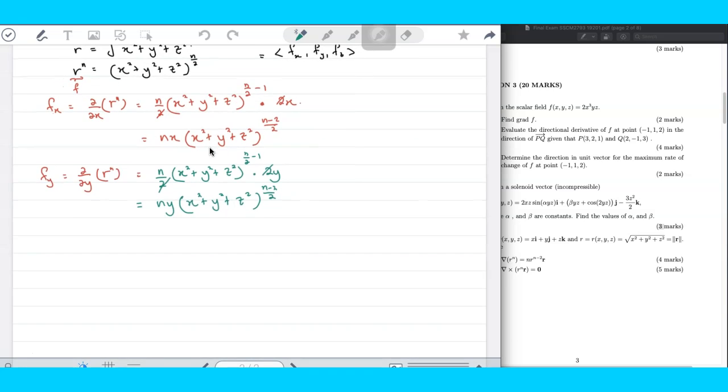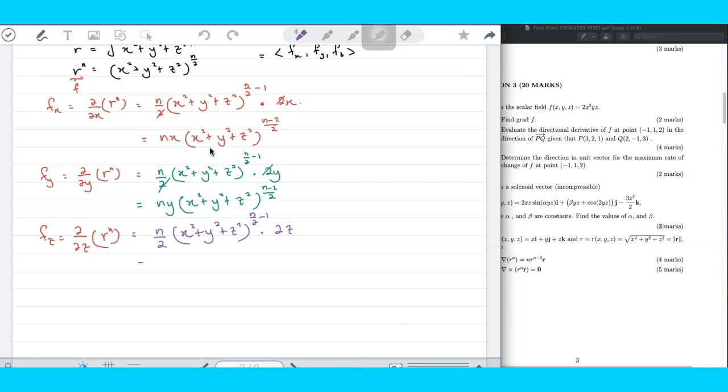Similarly for fz, the partial derivative with respect to z: n over 2 times x squared plus y squared plus z squared to the power of n over 2 minus 1, times 2z.